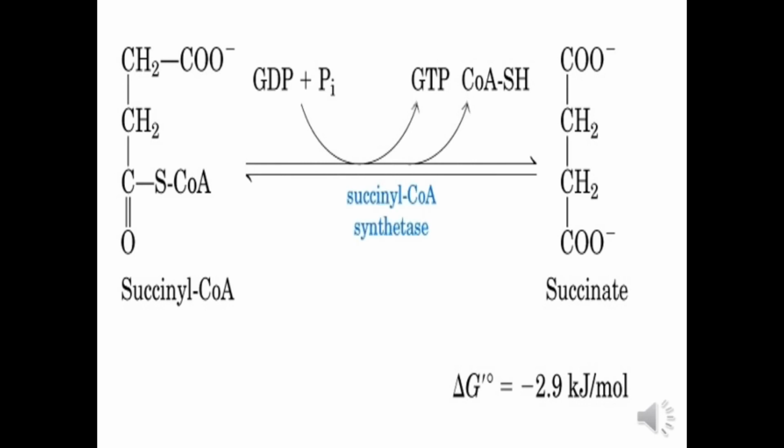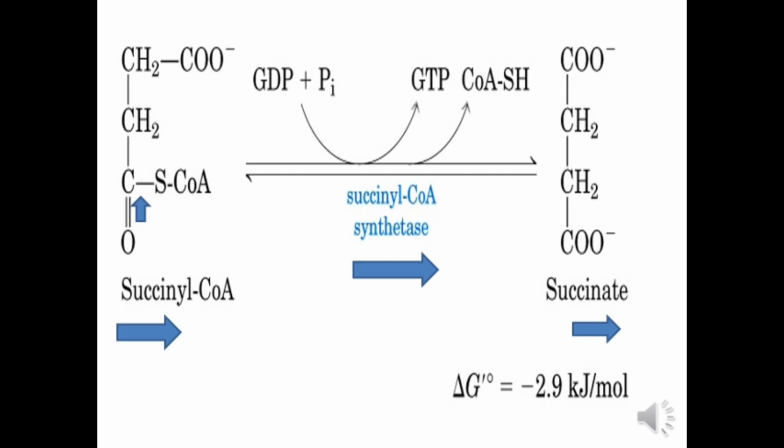succinyl-CoA is converted into succinate by enzyme known as succinate thiokinase. It is also known as succinyl-CoA synthetase. Succinyl-CoA has a thioester bond with very negative free energy of hydrolysis.